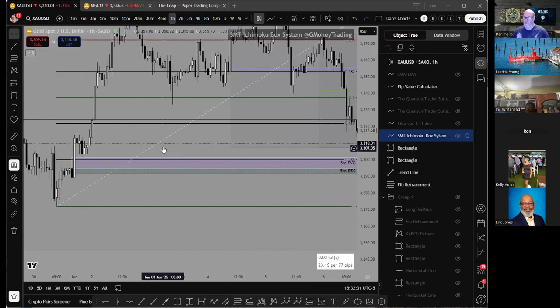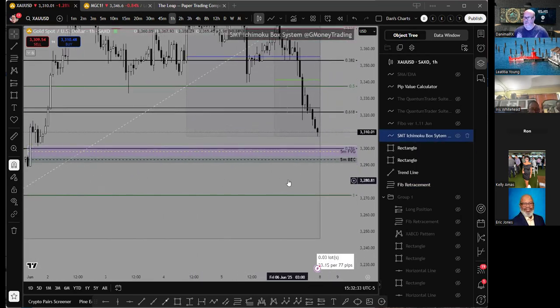So in this whole zone between these two levels, the 786, you got the fair value gap, and you also got that BEC down below. So that could be an order, an entry level at the 786.